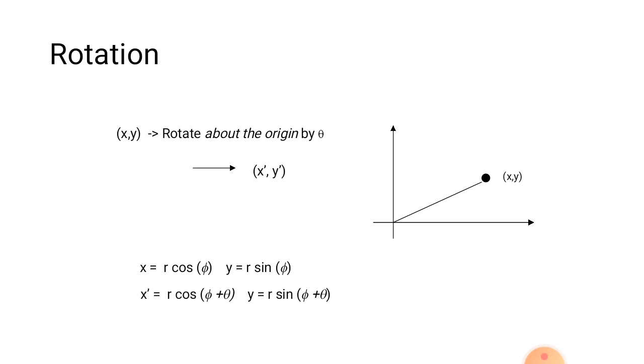Rotation can be done by 45 degrees in the anti-clockwise direction, and the rotation axis can be x, y, or z.